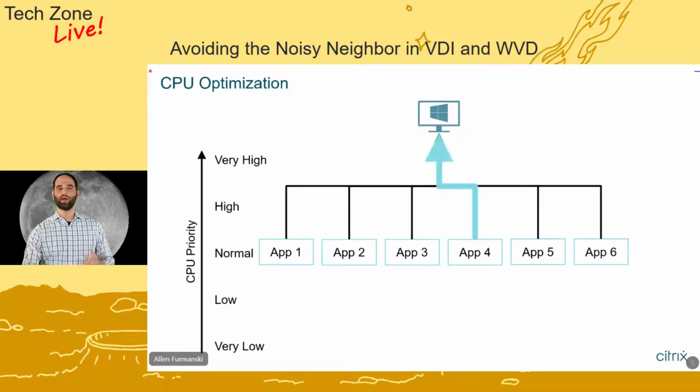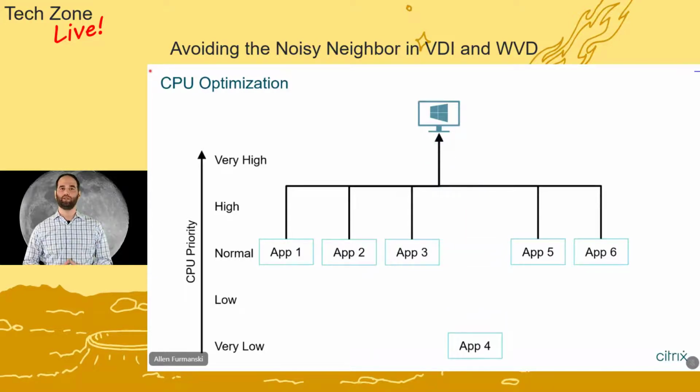So here, if we have application 4, for example, that's acting up, WEM will automatically detect that over the specified duration, and then it will, in real time, adjust the priority accordingly. This is going to prevent CPU starvation such that the other processes and corresponding threads will still have access to CPU scheduling, and the overall performance will be preserved.